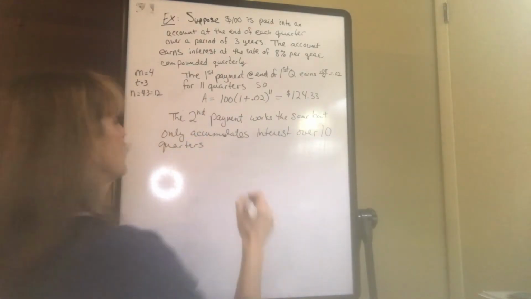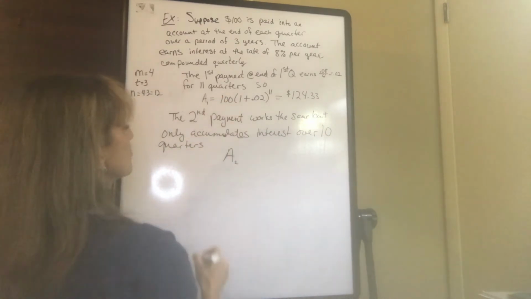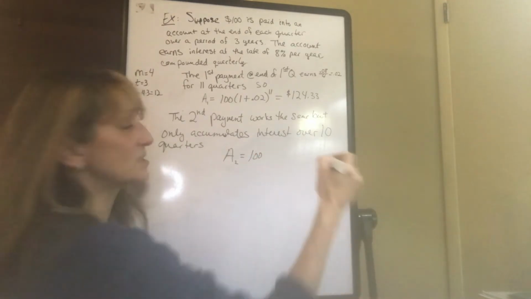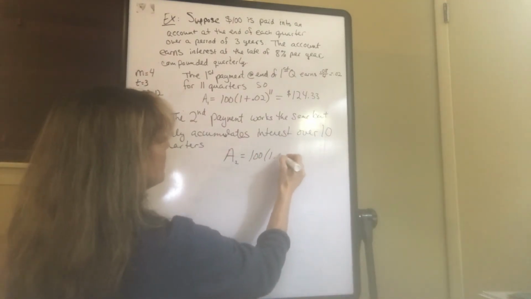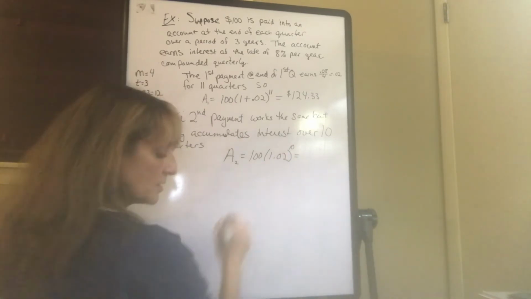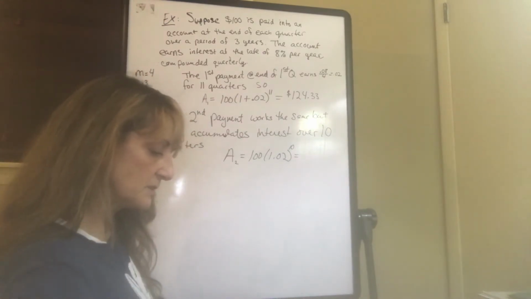So we can figure out what that amount is. Let's call this amount A1 after the first quarter, and A2 after the second quarter. We're going to put in another $100 into this account, and we have this 1.02, but now it's raised to the 10th. So what is that amount?